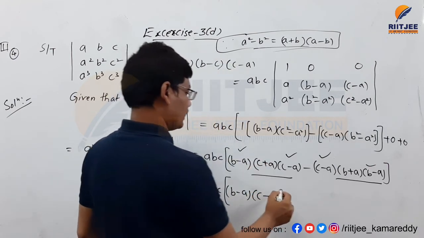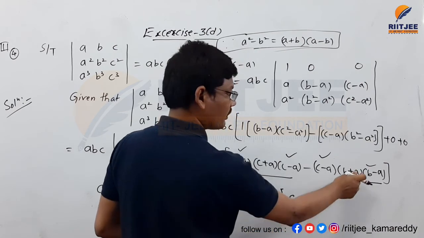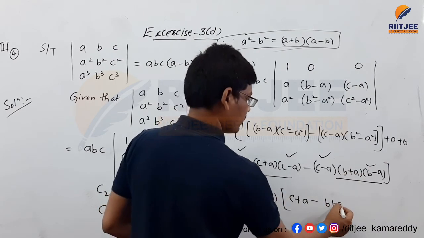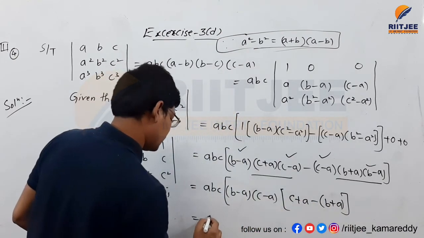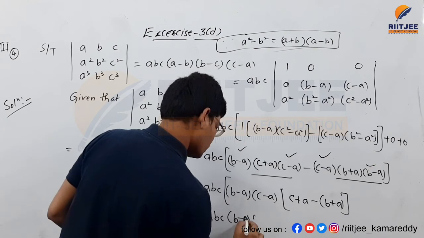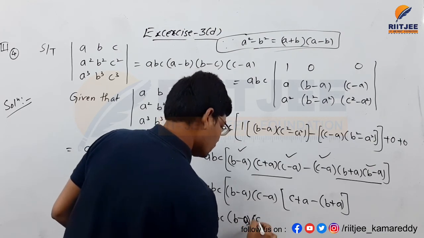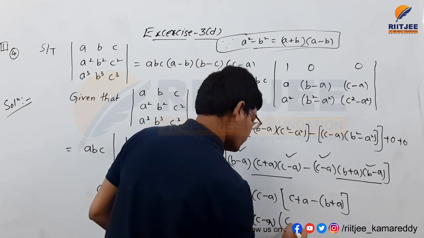So the remaining term is c plus a minus b plus a, and we write abc into b minus a into c minus a into c plus a minus b plus a.